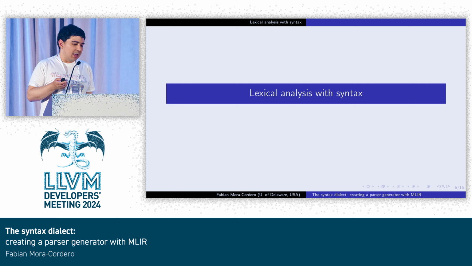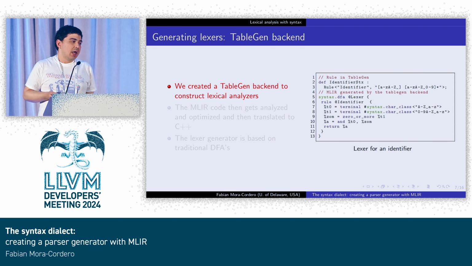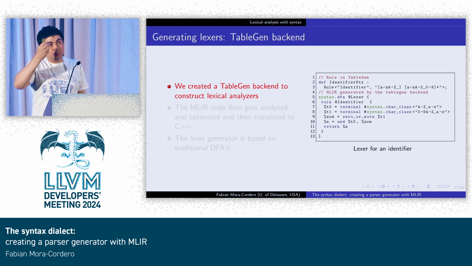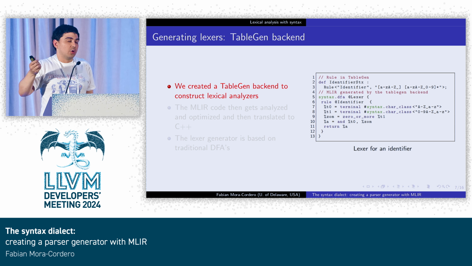Now, in terms of lexical analysis with syntax, because my end goal was being able to generate all of this and build a compiler, I created a TableGen backend to create these syntax analyzers, which in the end means that this project is fully dependent only on LLVM and MLIR.